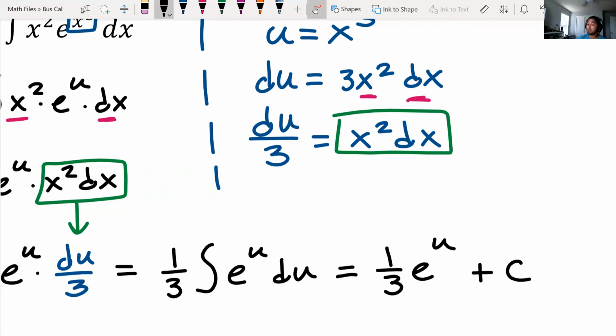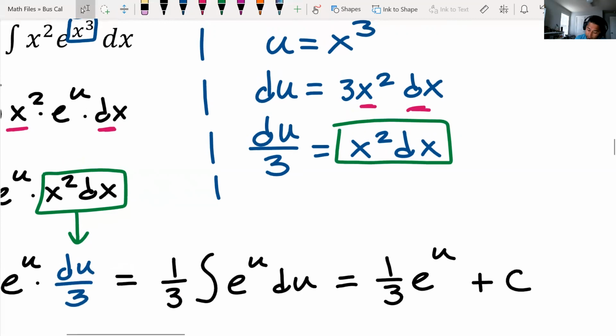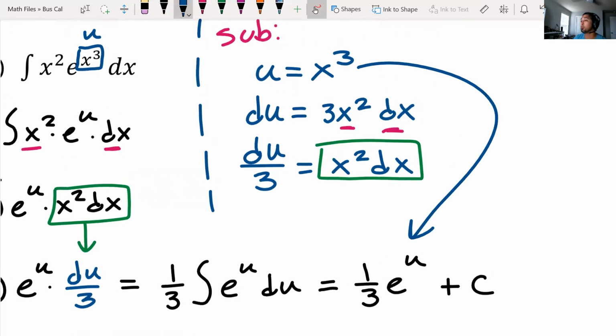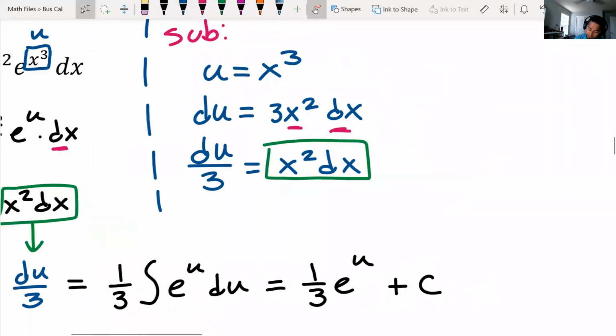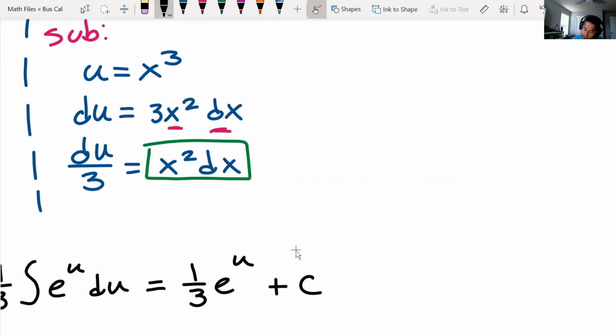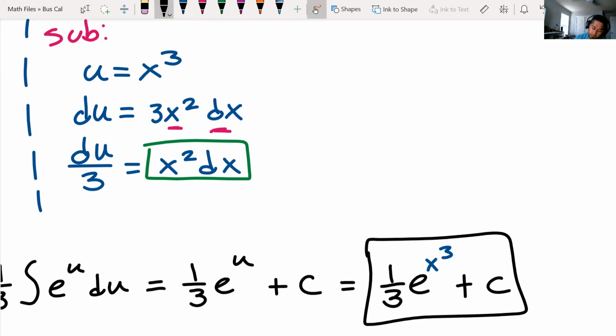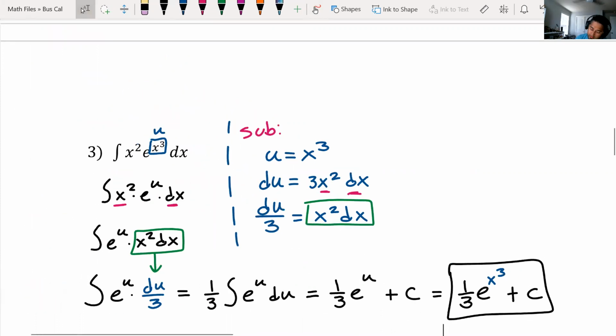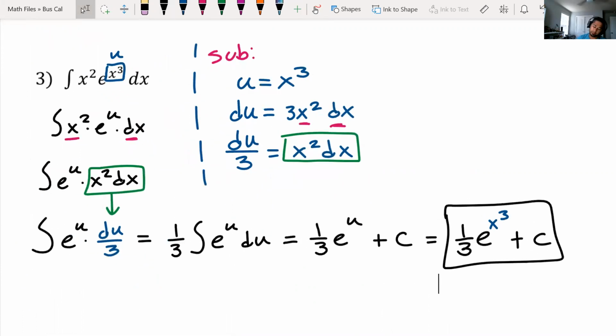And all we have left to do again is plug in x cubed for that u, and we're done. So we get 1/3 e to the x cubed plus c. There you go. Any questions on that?